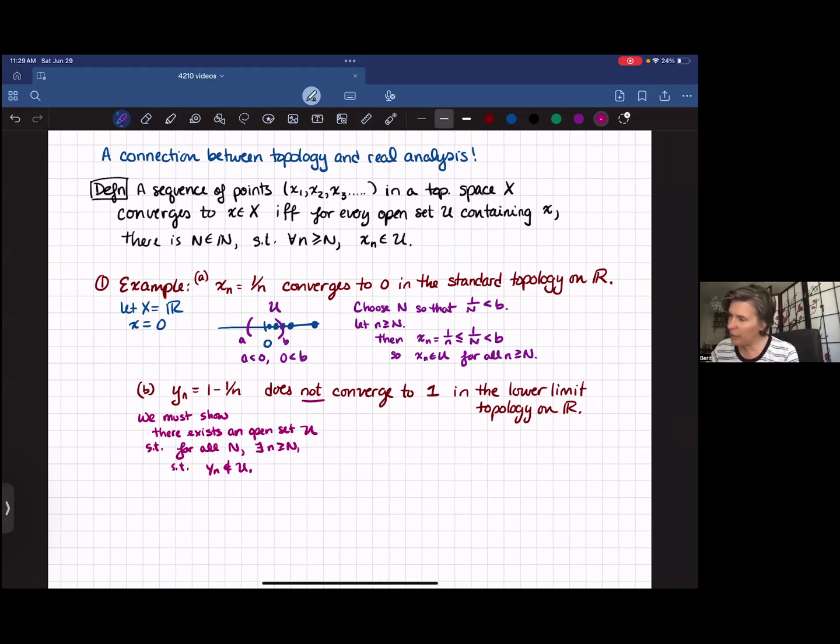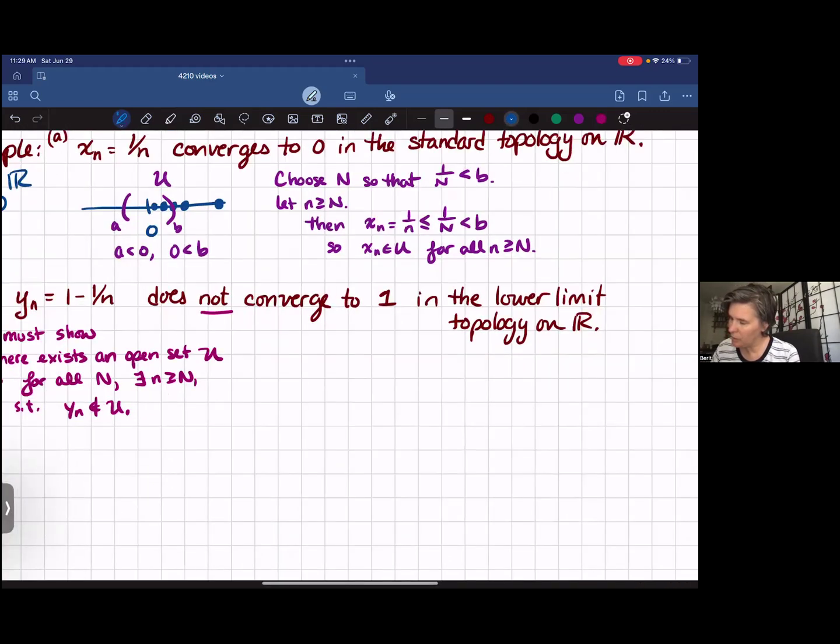So let's draw a number line. Here's my number line. Here's the number 1. The terms of the sequence: when n is 1, I get 0. When n is 2, I get 1 minus a half, which is a half. When n is 3, I get 1 minus a third, which is 2/3, then 3/4, and so on. In the standard topology, it does approach 1, getting closer and closer to 1.